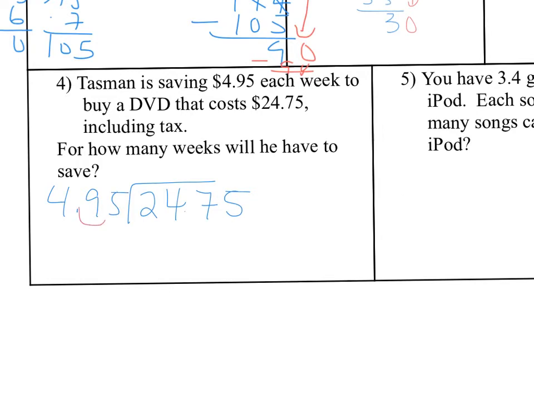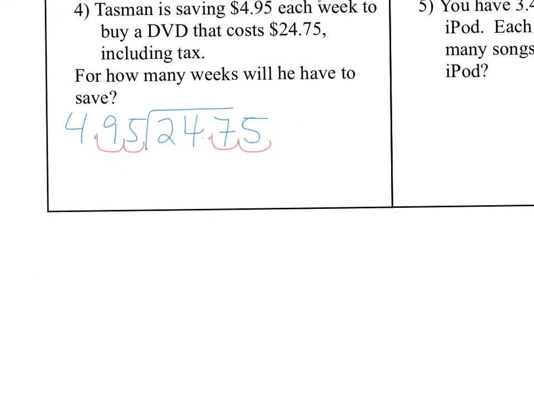And my divisor, I have to move the decimal twice. So I did move it in the dividend twice. 1, 2. So I'm going to rewrite this. 2,475 divided by 495. Okay?